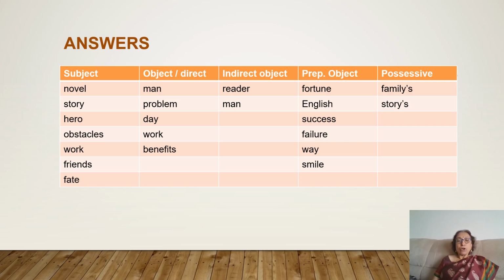Work here is object again. Fate presents the sincere man. Now here is the man, indirect object here. Fate is subject and benefits is the direct object. These are the answers for the beginner's passage.